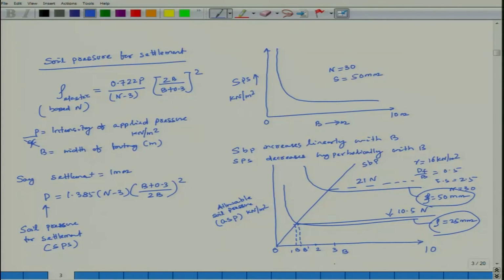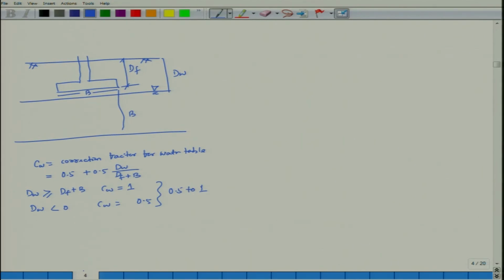Now, we draw a conclusion for settlement of 25 mm, for settlement of 50 mm, allowable soil pressure is based on your SPT N, that is your 10.5 N and 21 N. Now, draw this N versus your depth.